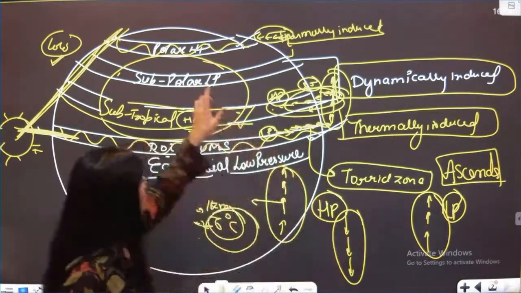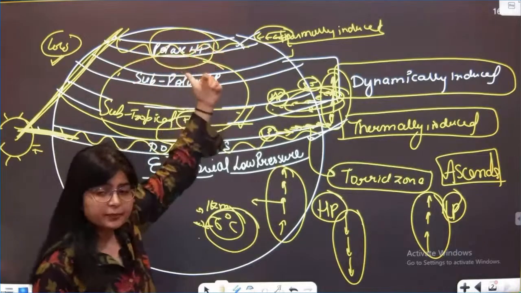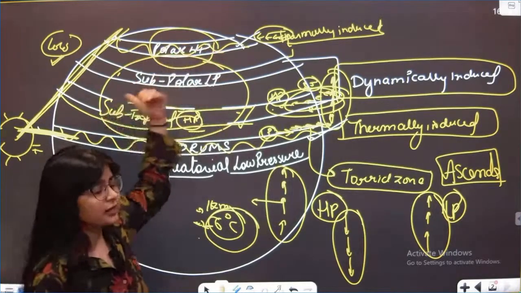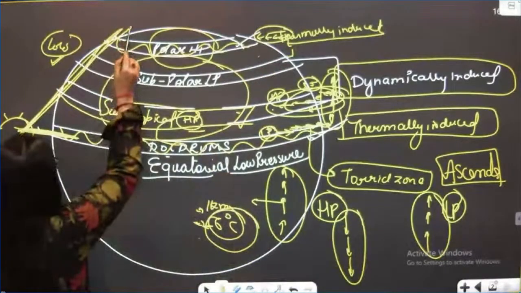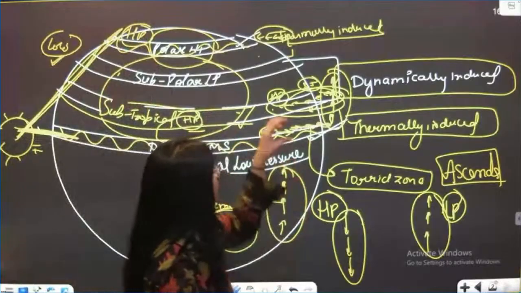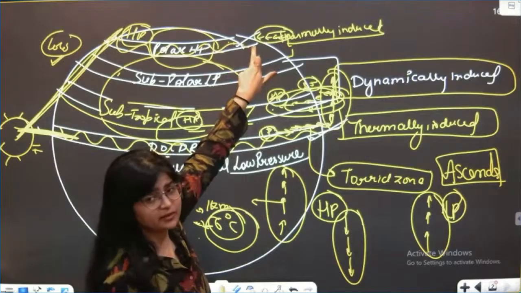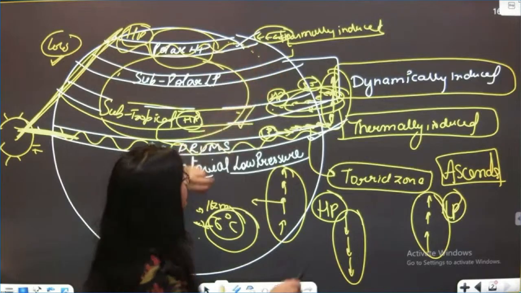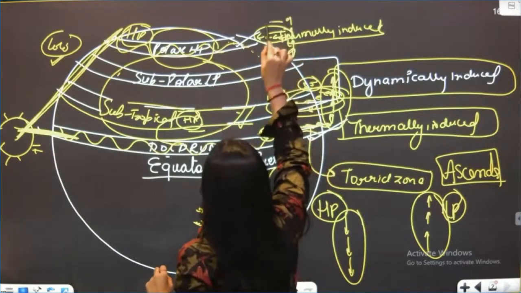So here what is happening? See, this is a frigid zone. Here the solar radiation is not going very well. So what will happen? This is automatically a high pressure region. We talk about relativity between the two belts, right? This is extremely cold. So definitely the air descends over here, right?